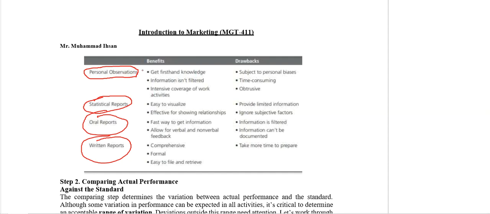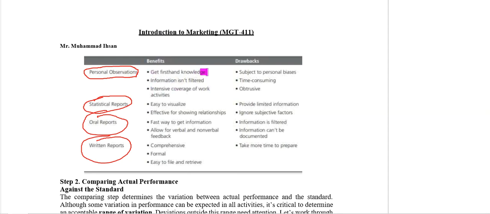First of all, we will see the benefits and drawbacks of personal observation. If the HOD or the evaluator wants to evaluate the performance himself, he goes on site and observes and evaluates the performance.